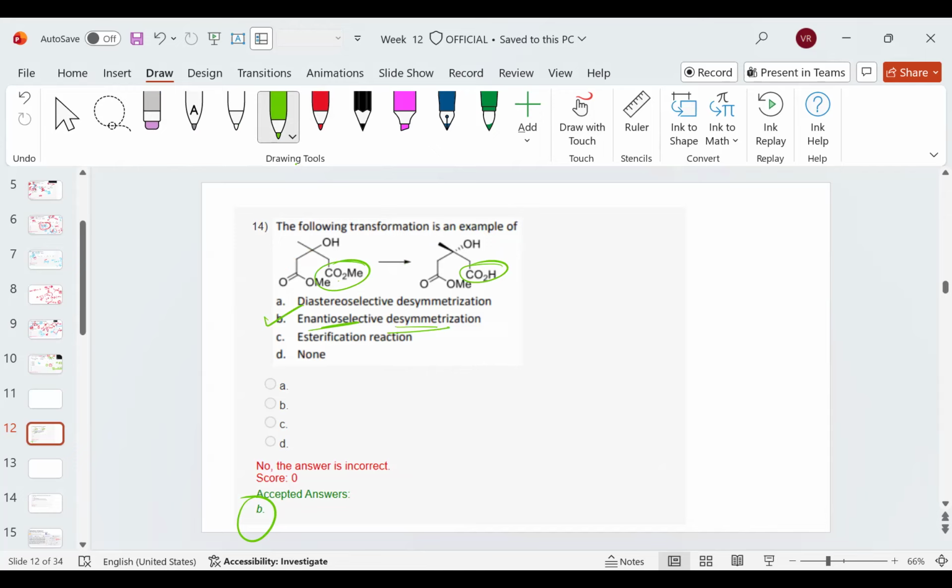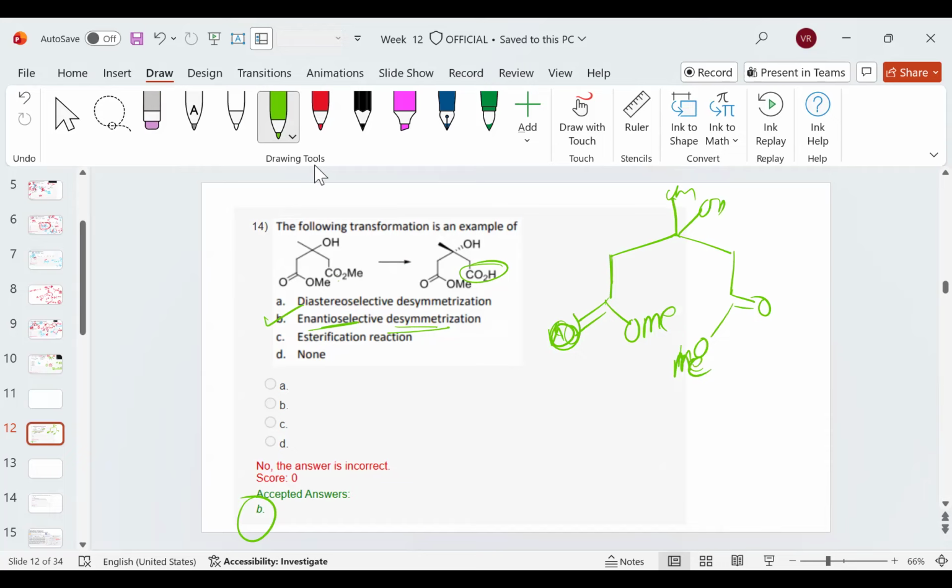But why have they mentioned this desymmetrization? We have a very similar functional group on both sides. If you just elaborate the structure here, we have this OH and CH3. This is again the same structure on both sides. Sorry, not OH, it's OMe.